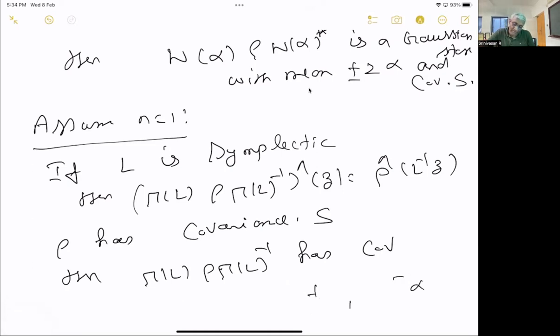So this will have covariance L inverse S L inverse transpose.